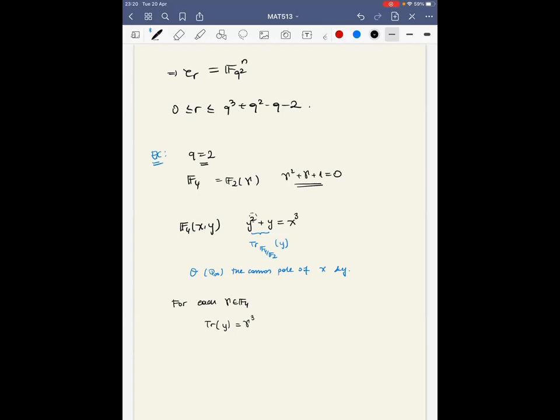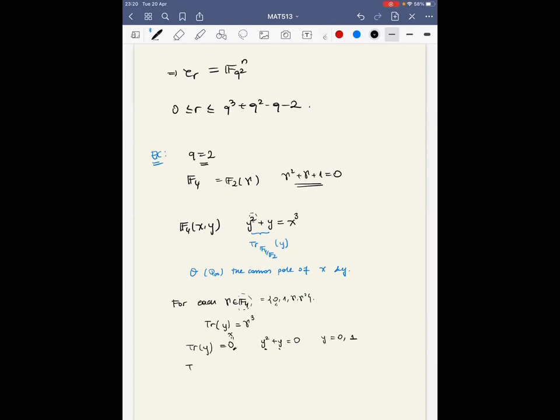So if you consider the elements of F4 as 0, 1, gamma and gamma square, or gamma plus 1, trace of Y equal to 0 means we want to find Y such that Y squared plus Y is equal to 0. And in this case, when we fix X as 0, we can observe that the only options for Y are 0 and 1.